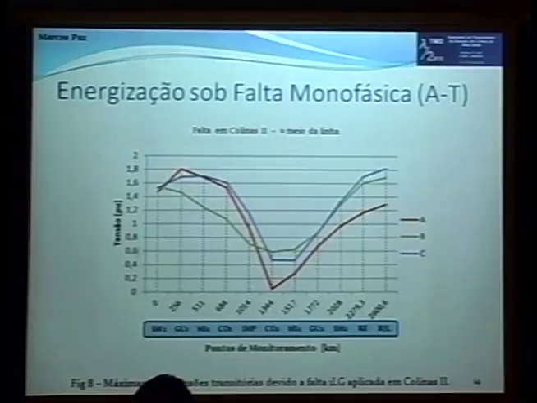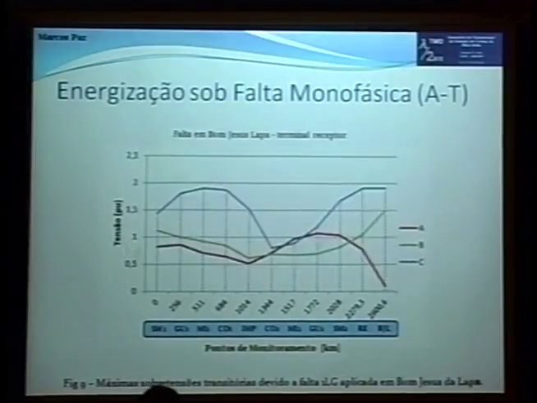We continue with the same format of the voltage without a fault, however, with the presence of the overvoltages.